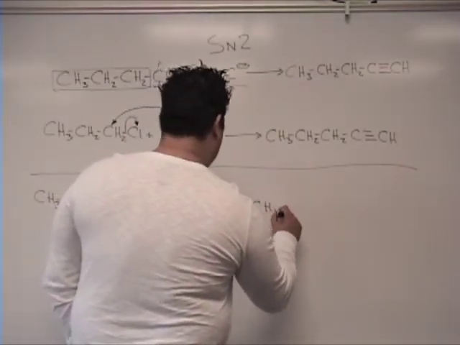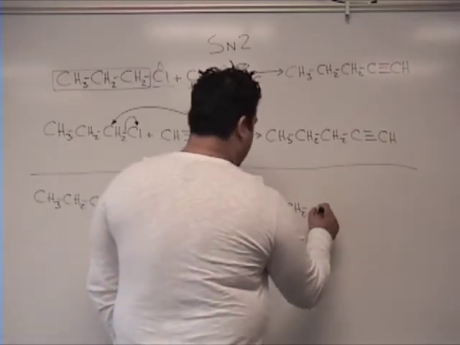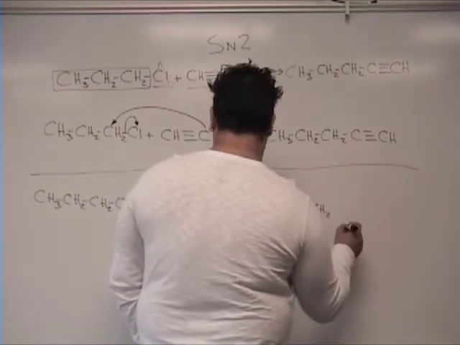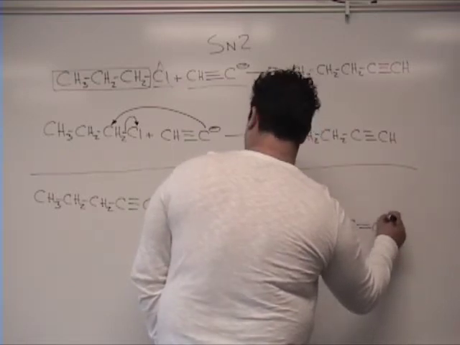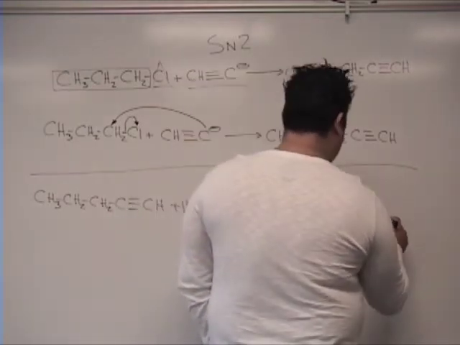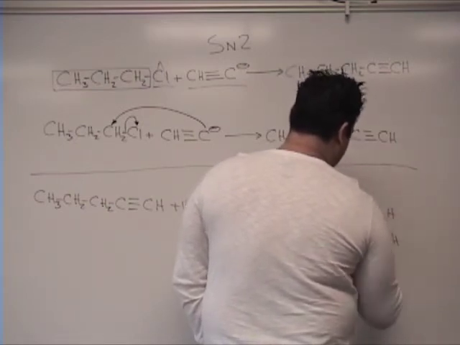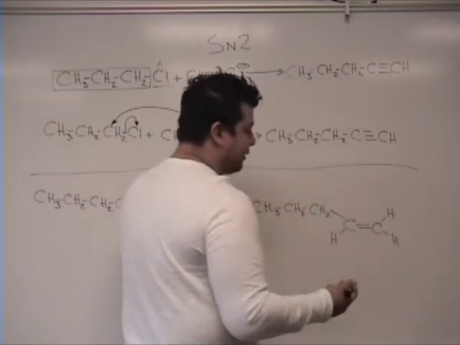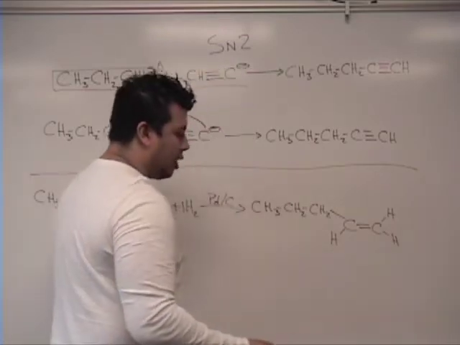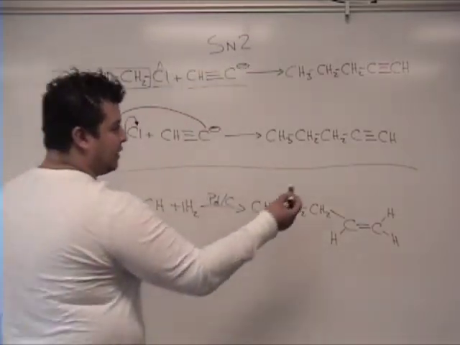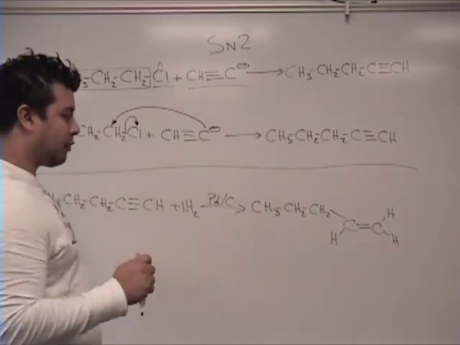I guess cis and trans doesn't really apply here because we have 2 of the same group attached to the same carbon. But if this chain was longer, then we could be able to do cis and trans.